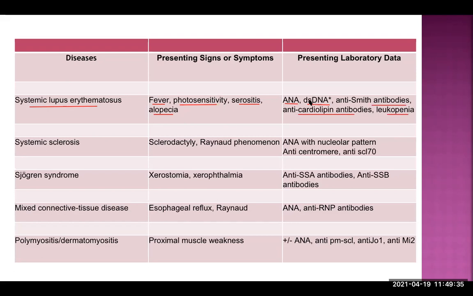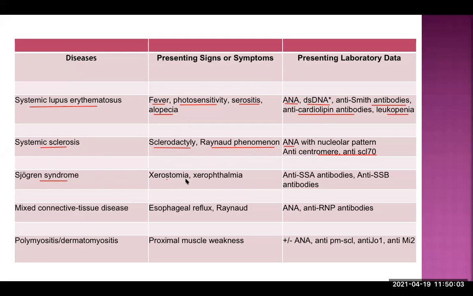Okay, among them, anti-double-stranded DNA is very, very specific. Systemic sclerosis or scleroderma, we have sclerodactyly, okay, and Raynaud phenomenon. So many other features are there, but they have only listed the important ones here. And ANA, okay, and anti-centromere, anti-Scl-70 antibody may also be there.